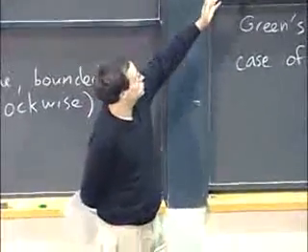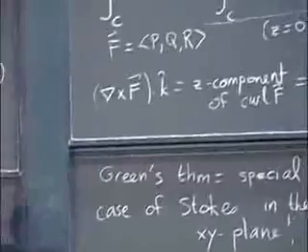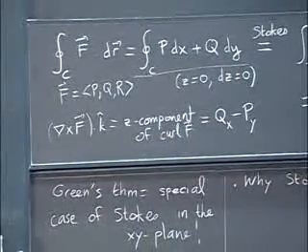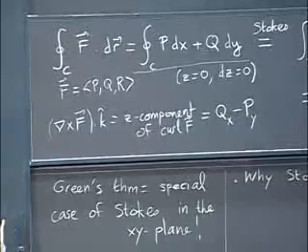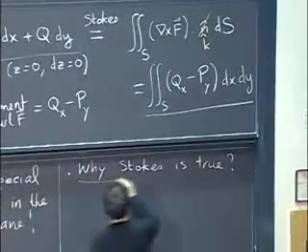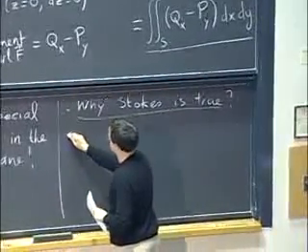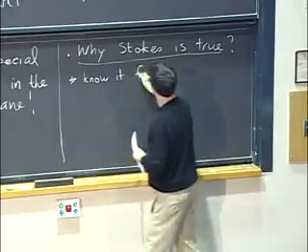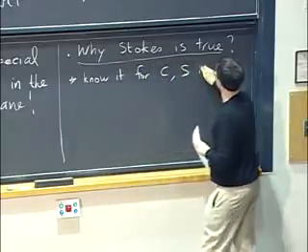Namely, we know the case where the curve is actually in the xy plane and the surface is a flat piece of the xy plane, because that's Green's theorem, which we bothered to prove a while ago. So first thing is we know it for C and S in the xy plane.